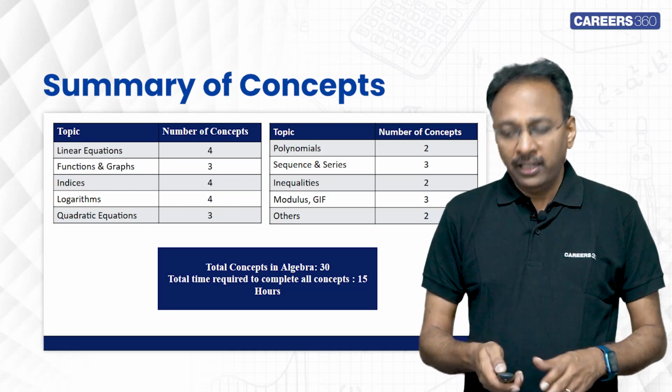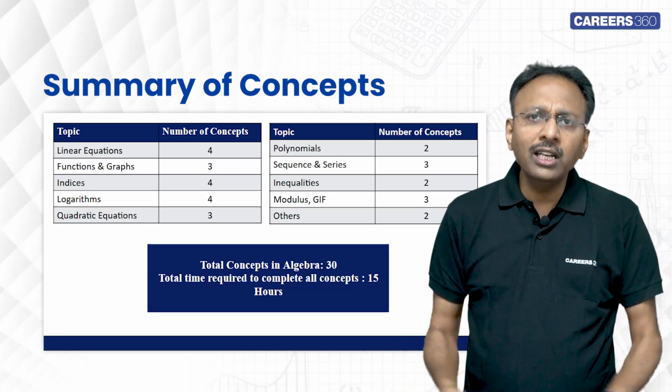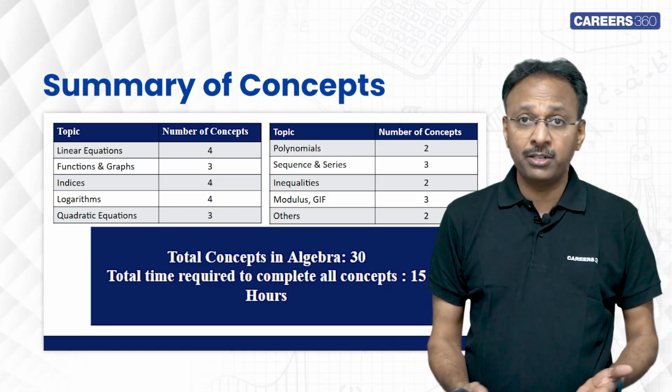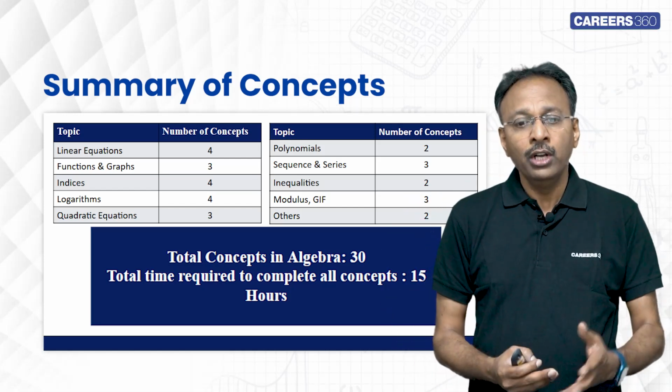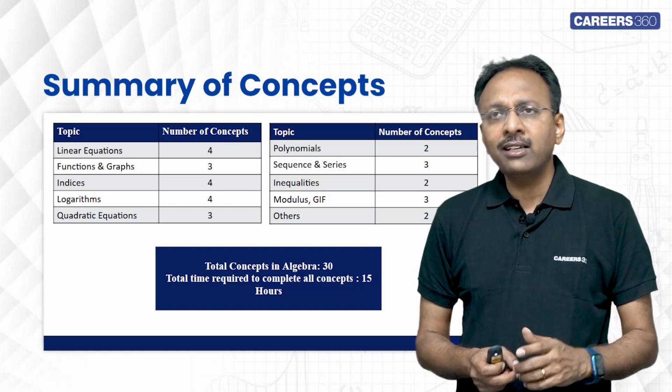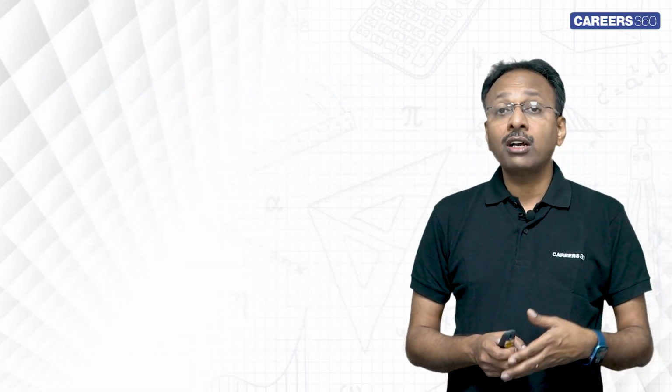Not only that, if you are really talking about the total number of concepts that are there in the whole of algebra, if you want to do all of algebra, and if you have very little time also, you will go through the basics. Now I'll just refer that in one of the videos I talk about test taking strategies. In that I say, you should know what you are good at and what you are not good at.